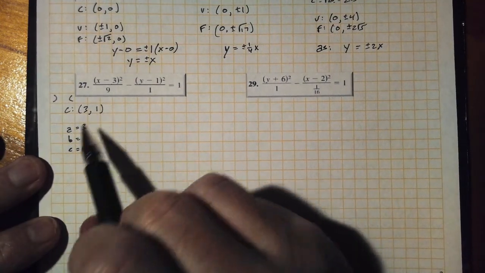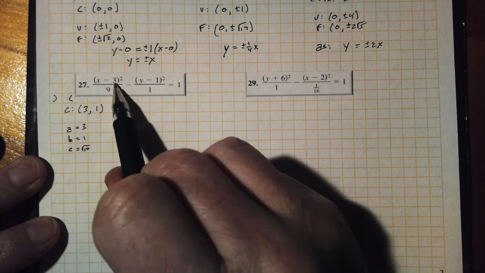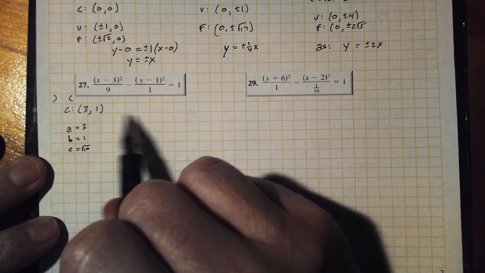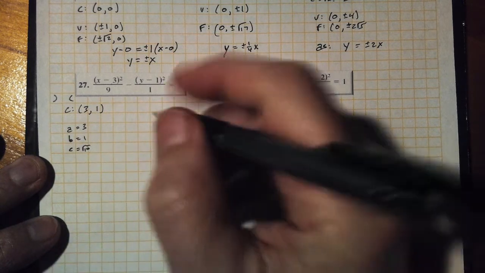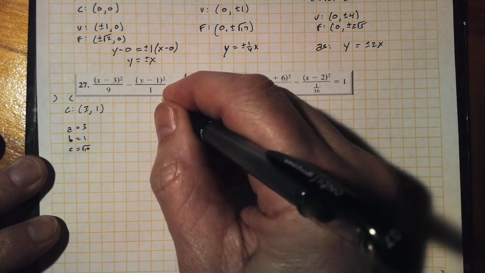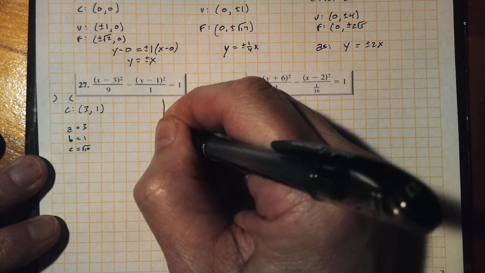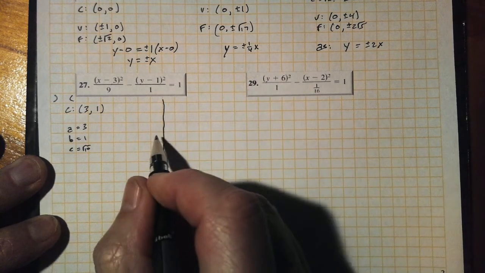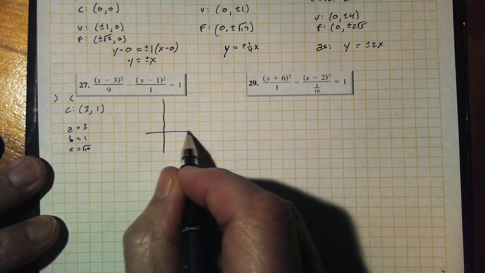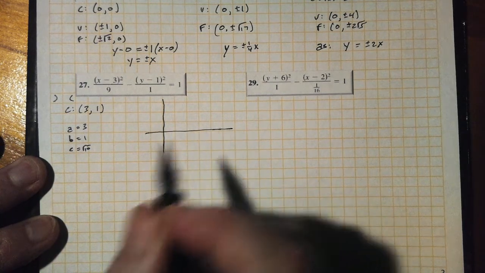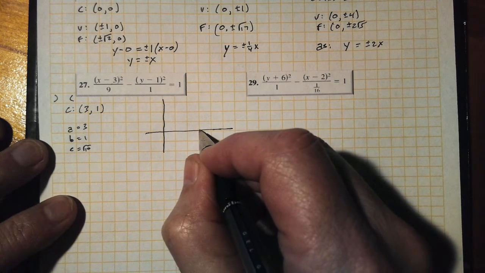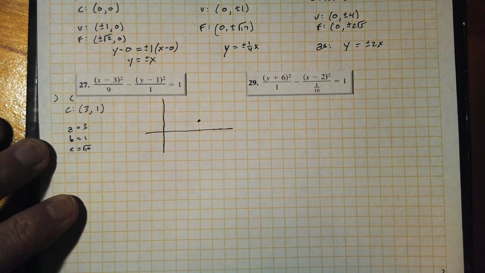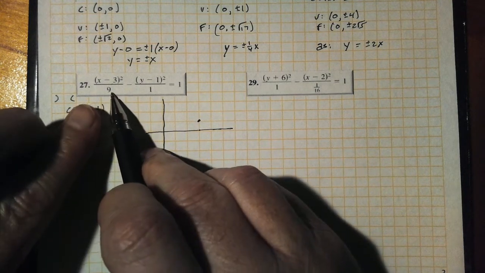So let's go ahead and graph. I need to go right and left. Once I'm right 3 and up 1, I still need to go 3 to the right. Okay, so I'm just trying to kind of plot out a plan here. I don't need to go up and down very far from there. So maybe something like this will do it. I go right 1, 2, 3, up 1. There's the center. Now I'm just building an ellipse.